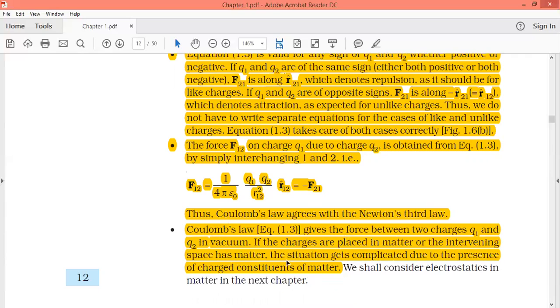In that case, you should not consider epsilon naught; we have to consider the permittivity of that particular matter. That is why it becomes more complicated. So remember that Coulomb's law, whatever equation we have discussed here, is used to find the force between two charges Q1 and Q2 in vacuum only.